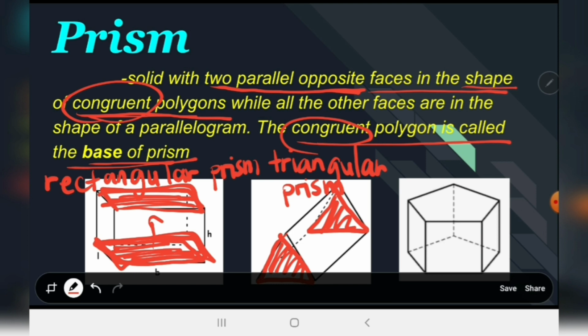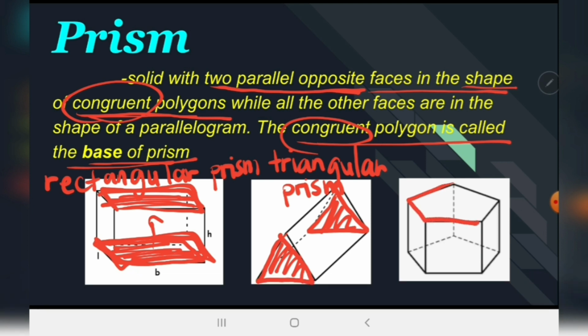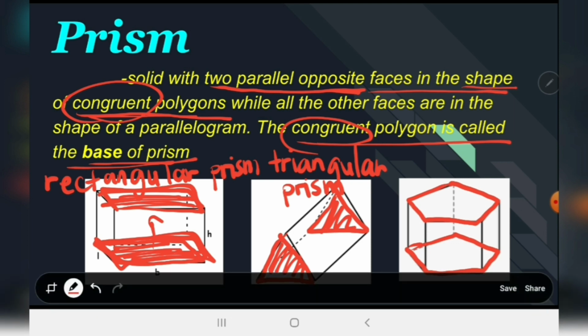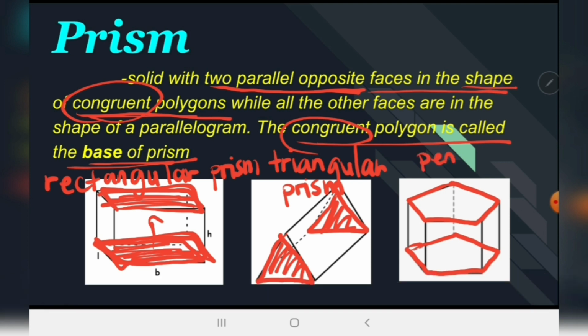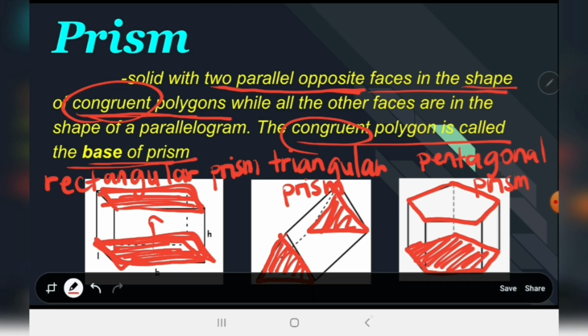How about number 3? The congruent polygon is here, the opposite is here, and this polygon is a pentagon, which has 5 sides. So the name of this prism is pentagonal prism, because the base is a pentagon. So that is prism.